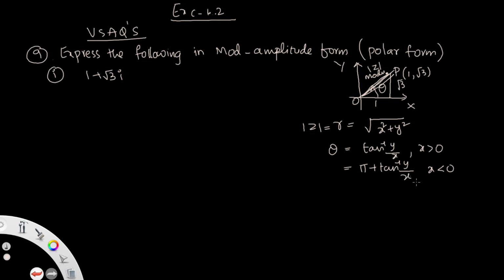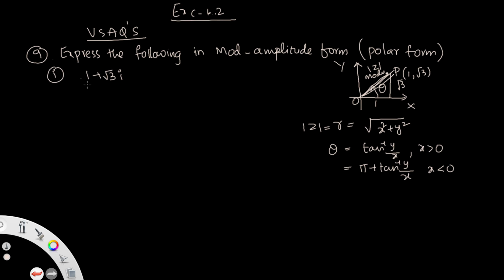This is the formula for finding the angle made by the vector OP with the given complex number. Our point is 1 comma root 3, so find the theta value.